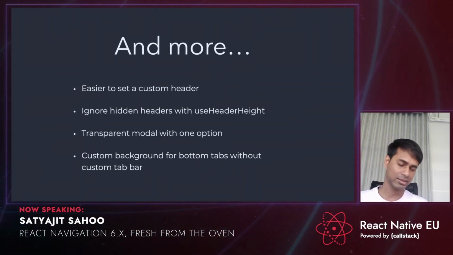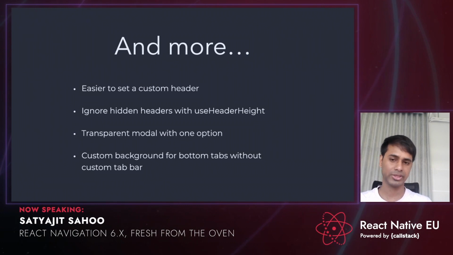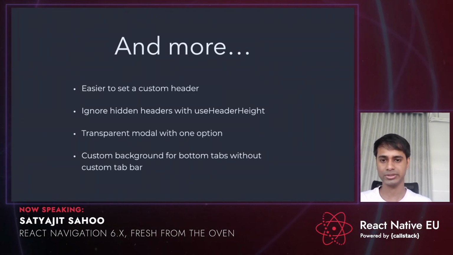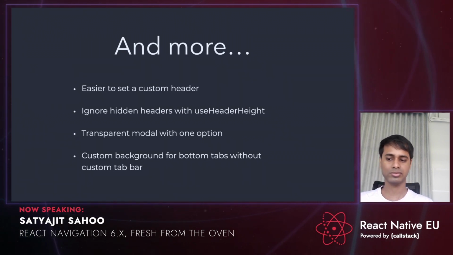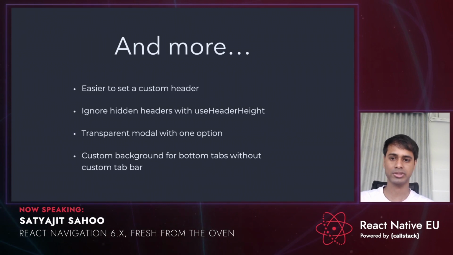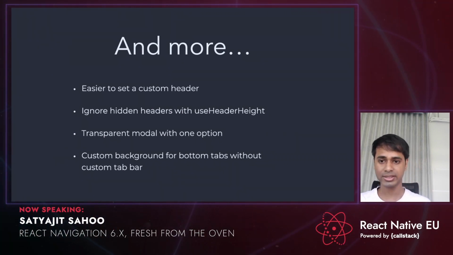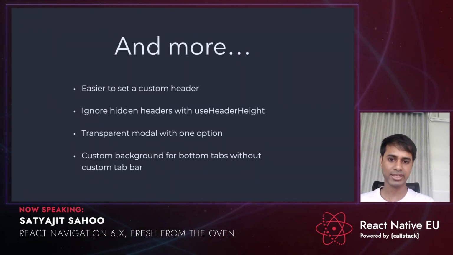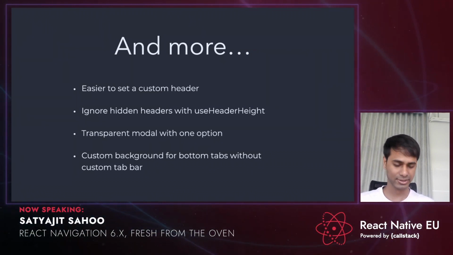They did not read the documentation even if it was mentioned, and we wanted to reduce this confusion. In React Navigation 5, we could not do this automatically because we had this option for the header, but we also had headerMode, which is a prop on the navigator, and these props cannot be changed based on screen.